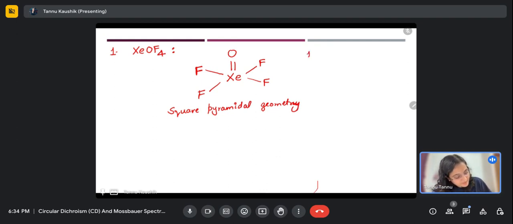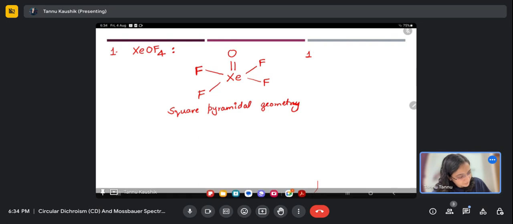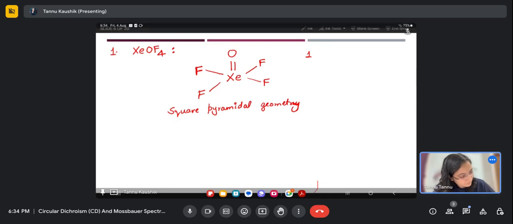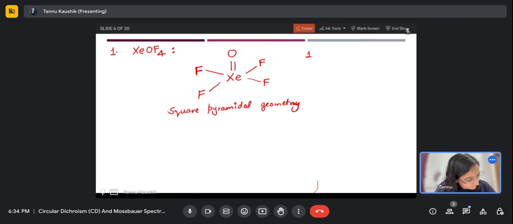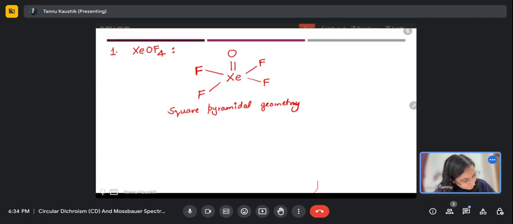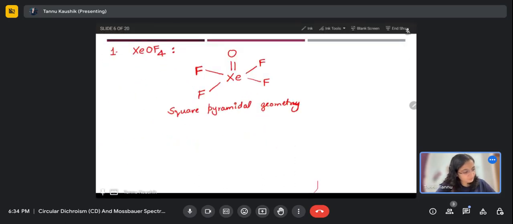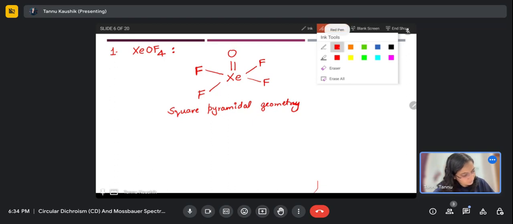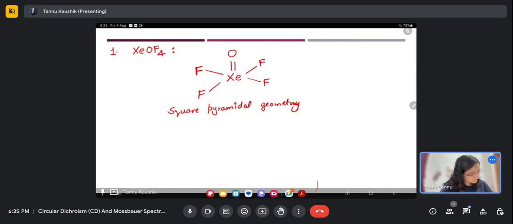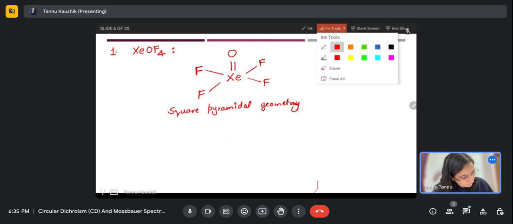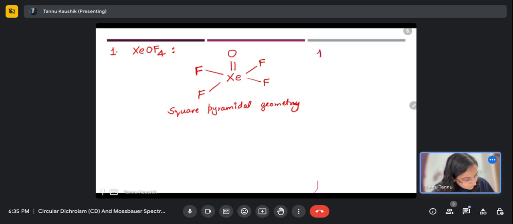So the first question we will ask is whether the molecule has linear geometry or not.